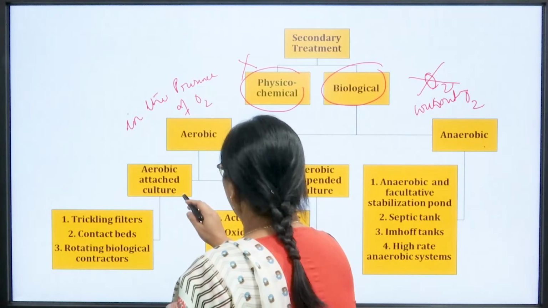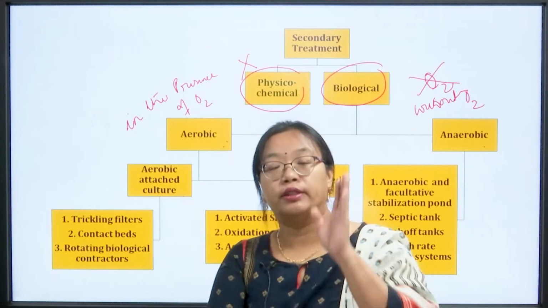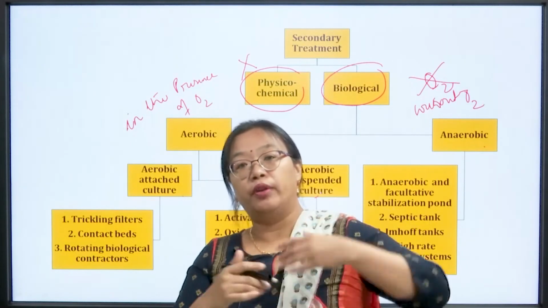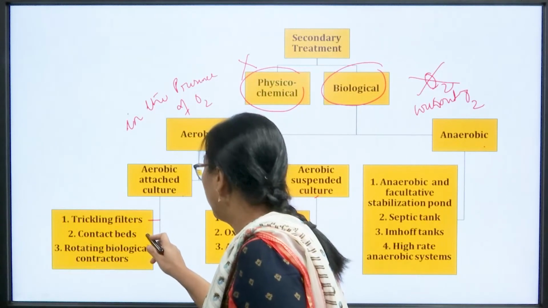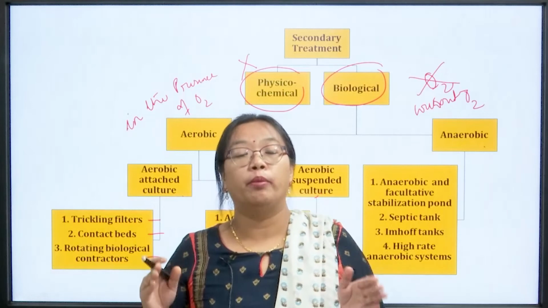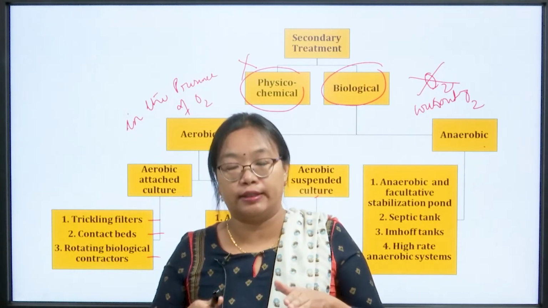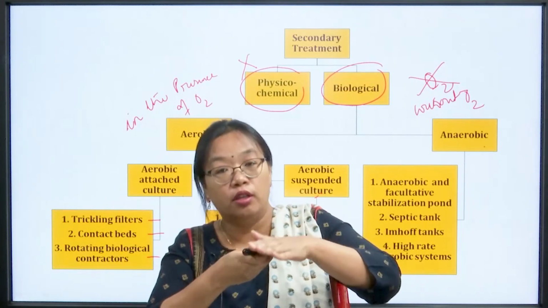In aerobic there are two terms, which we will discuss later on. One is called aerobic attached culture, another is called aerobic suspended. Aerobic attached cultures are like trickling filters, contact beds and RBC. What you have to remember is that the microorganism is attached to your filter.